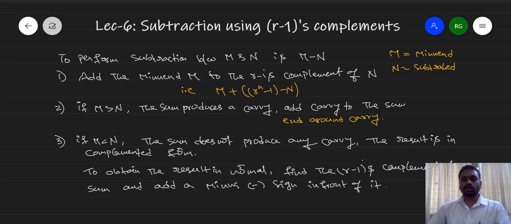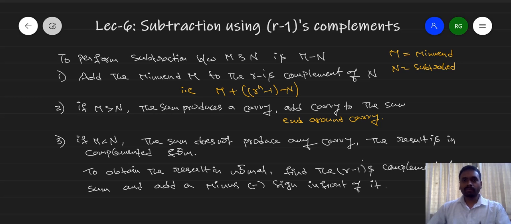So for this reason we are adding a minus sign in front of it, so that we come to know that the result is negative. So these are the three steps followed while performing the subtraction operation using r minus 1's complement.